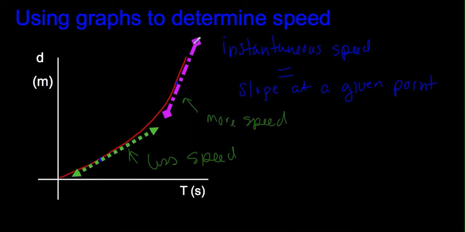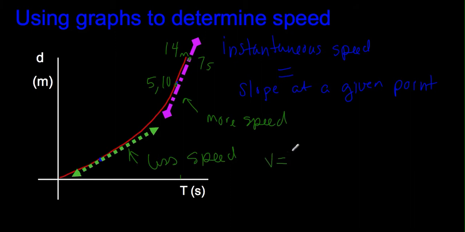And what we could do is simply find two ordered pairs on there. For example, and again, I'm going to have to make these up kind of on the fly. This might be like 5 seconds and maybe 10 meters. And maybe over here, if we go just a little bit farther, maybe it's like 7 seconds and 14 meters. It's not really written as a very well ordered pair, but here's the idea.